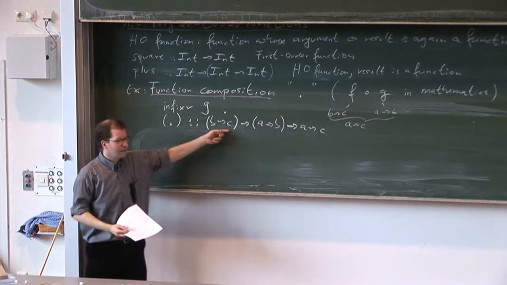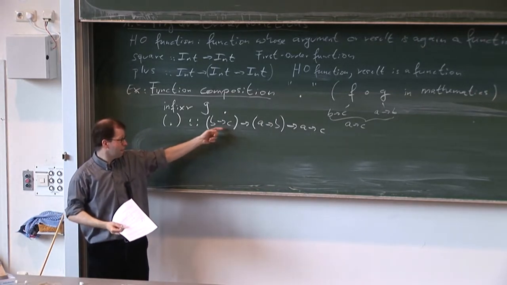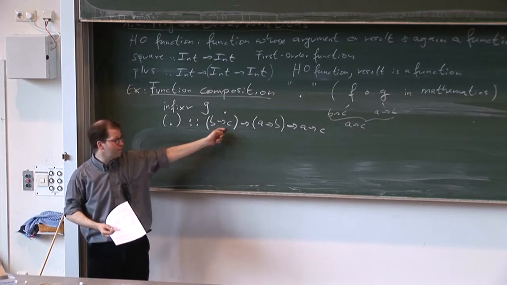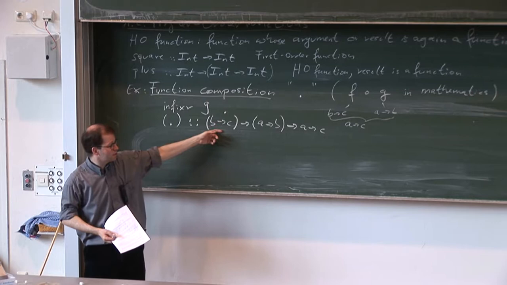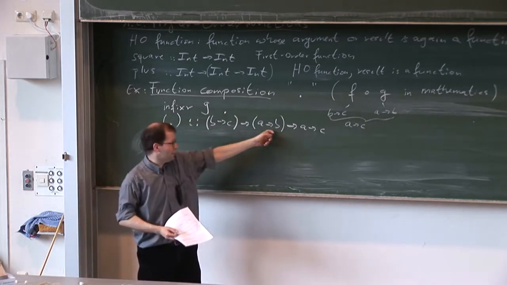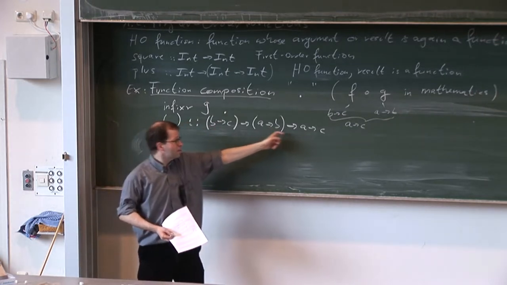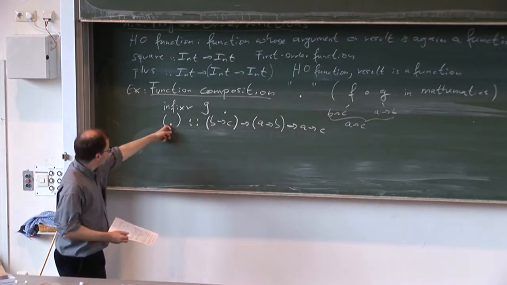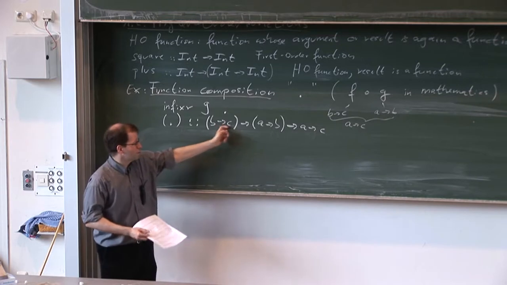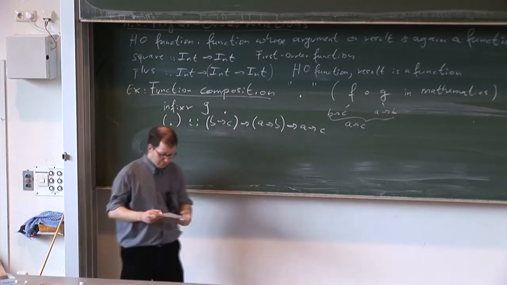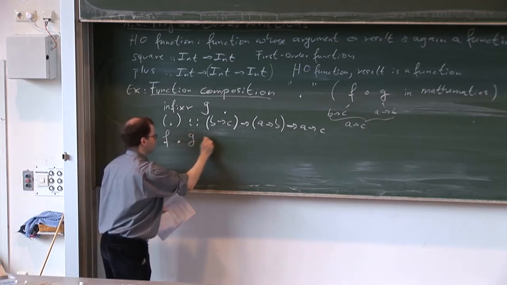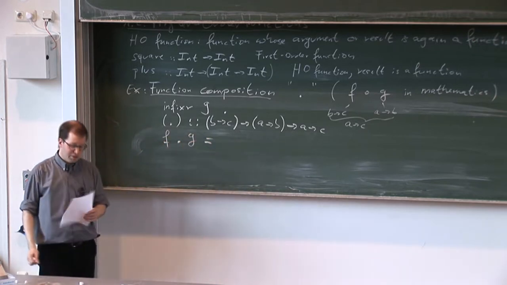And now you can see, obviously, the argument is a function. So this takes, as first argument, a function from B to C, and then it's curried, so the result is a function which again takes a function and returns another function. So this is indeed something which takes a function as input and gives you a function as result. And how is it defined? So how would we define f dot g?